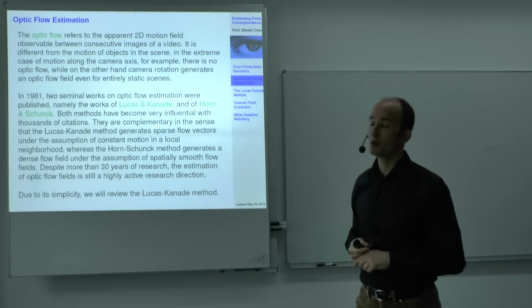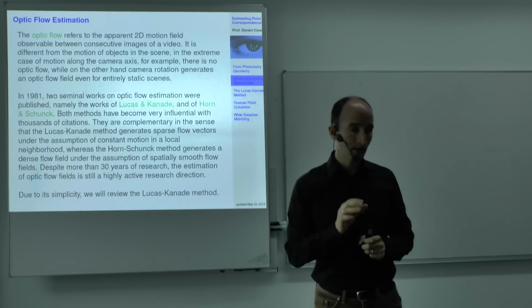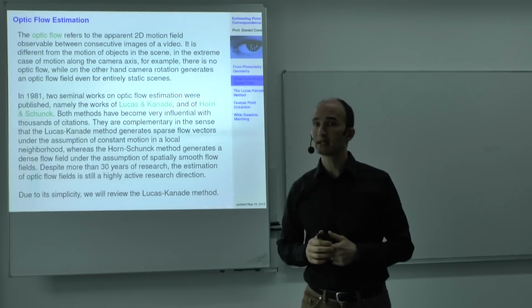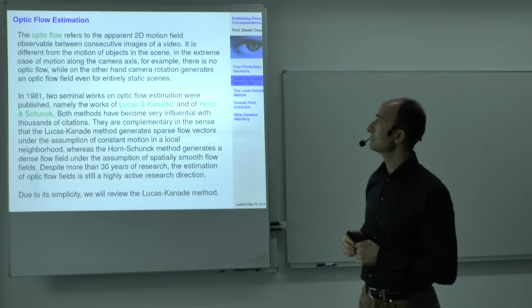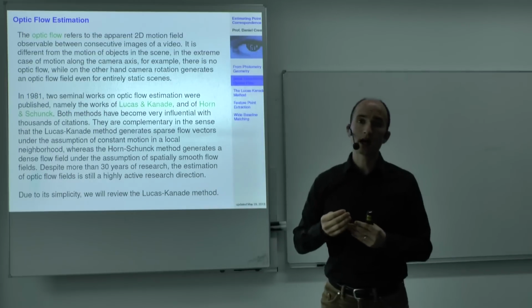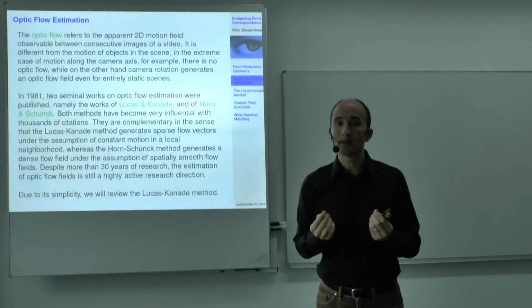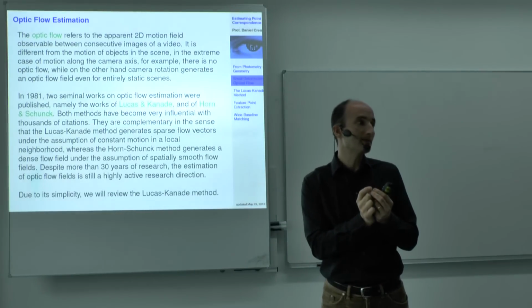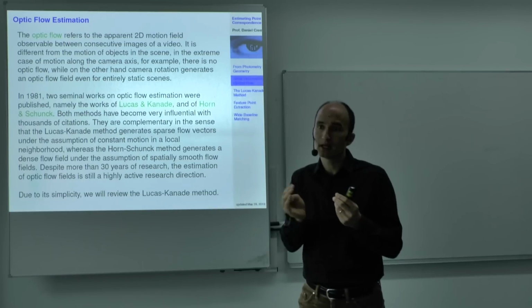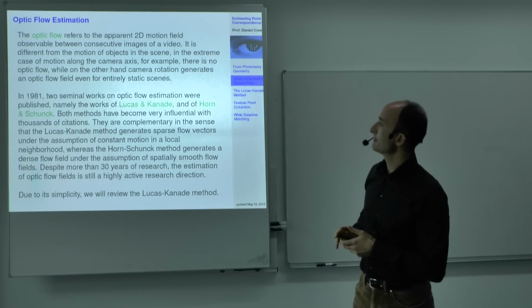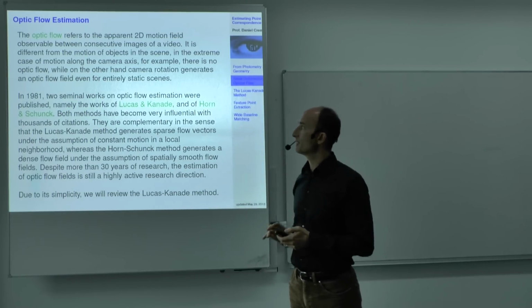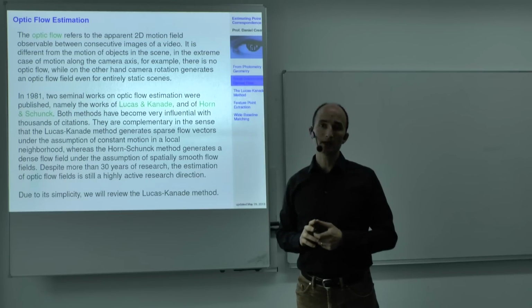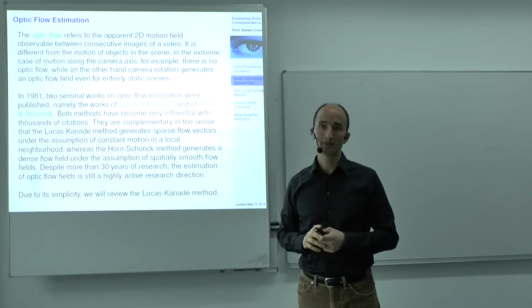Today I wanted to focus on algorithms that are designed for the small baseline case. To what extent do they still work for larger baselines? Of course, you can imagine there's a continuous transition between small displacements and large displacements, and how much these methods still work in the large baseline case really depends on how you implement them.